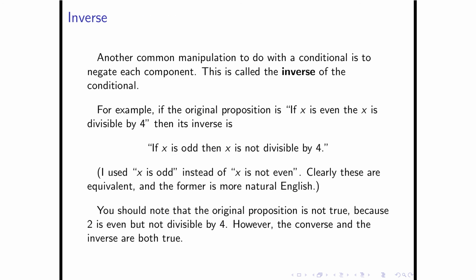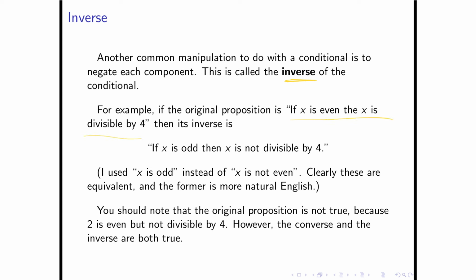That's not the only manipulation that you can do for a conditional proposition. You can also take the inverse, and that is what you get when you negate each component proposition, right? You negate the antecedent and you negate the consequent. So, for instance, if x is even, then x is divisible by 4.